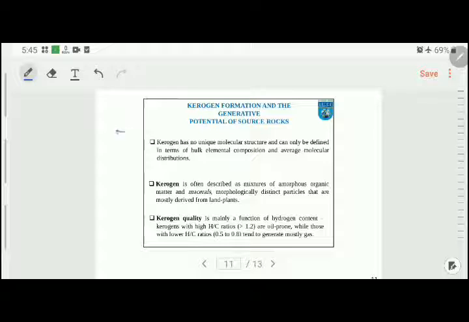Kerogen formation and the generative potential of source rock. Here are definitions and some alternative information about kerogen. Kerogen has no unique molecular structure and can only be defined in terms of bulk elemental composition and average molecular distribution. So kerogen itself is often described as a mixture of amorphous organic matter and materials.